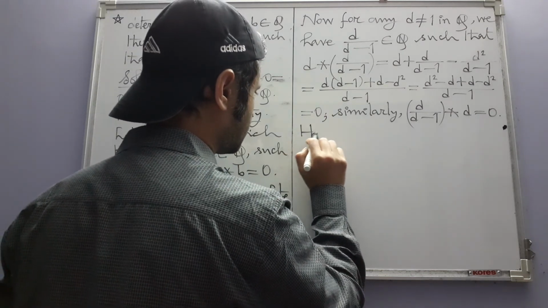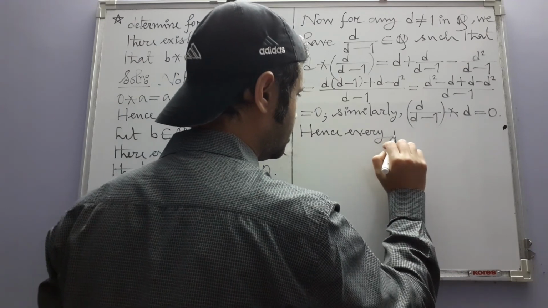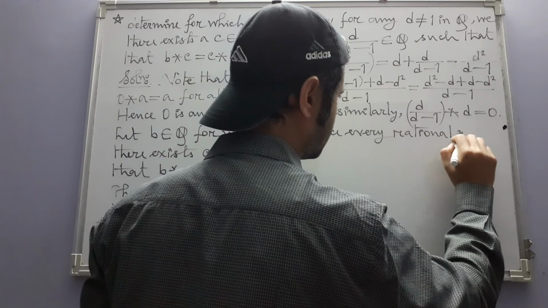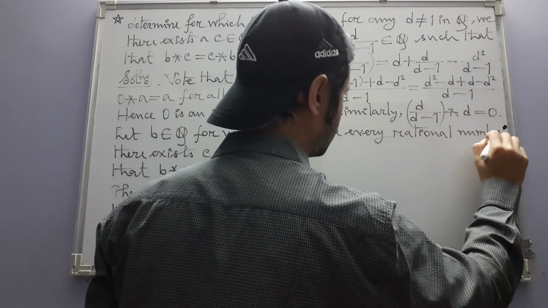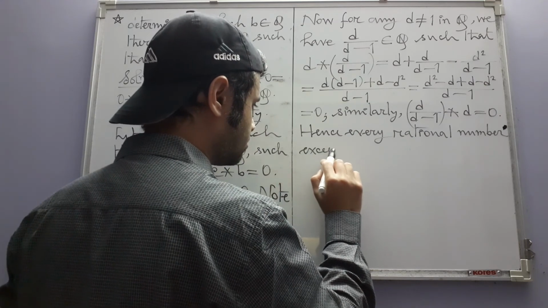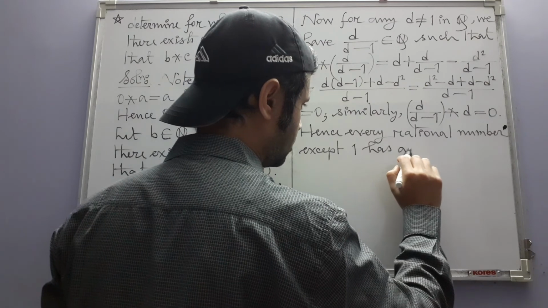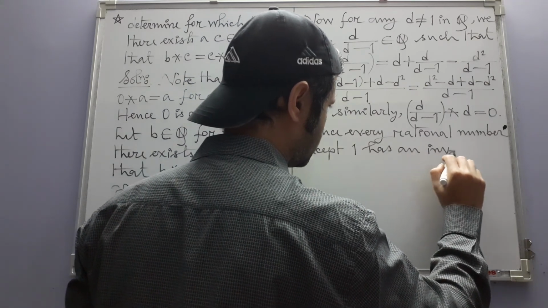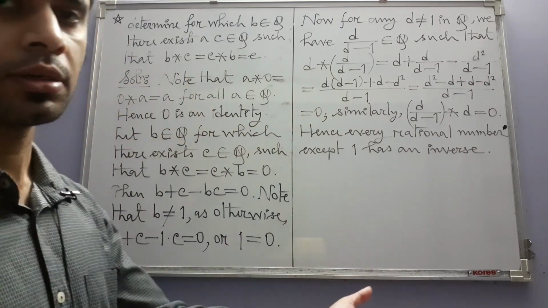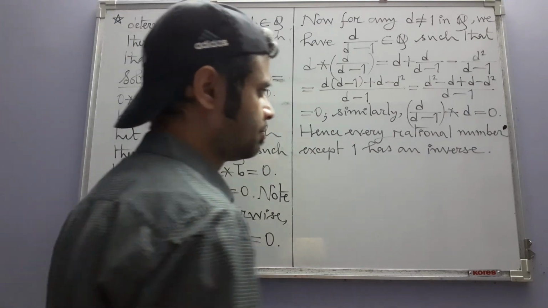Hence, every rational number except 1 has an inverse, and if that rational number is D, its inverse is D divided by D minus 1.